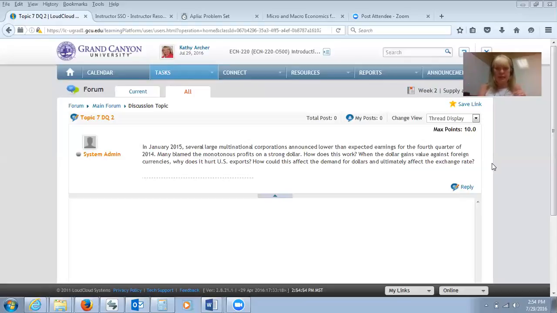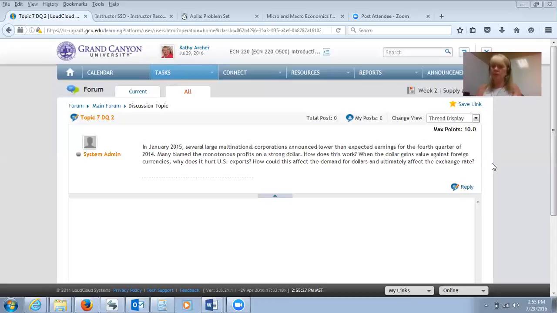The price is set in dollars, but now it takes 1.1 euros to make each dollar. So the price of that good has gone up to 11 euros. The price of this good increased from 9 euros to 11 euros, and yet the good itself didn't change at all. There's no additional value, nothing's changed. And so the price of that good has increased with no additional value to the customer.